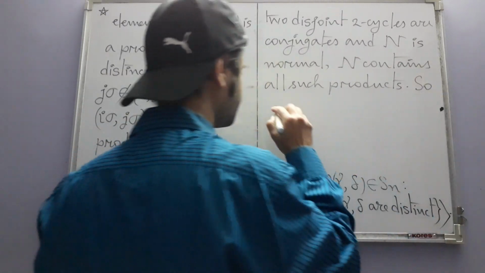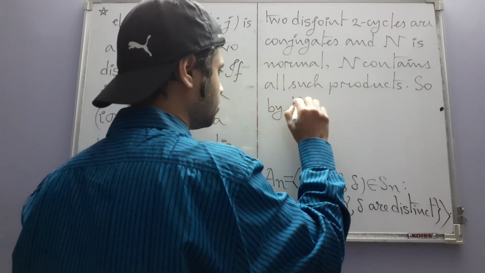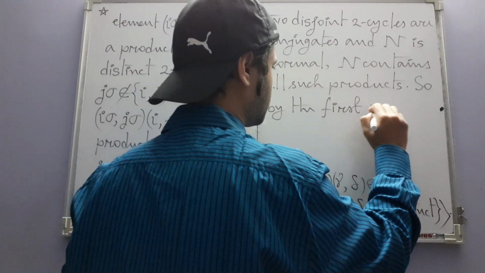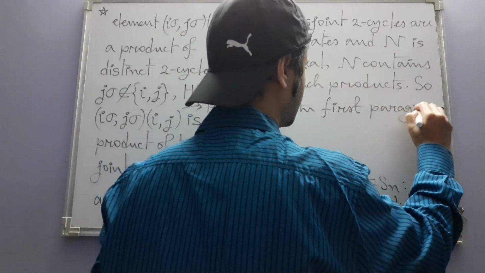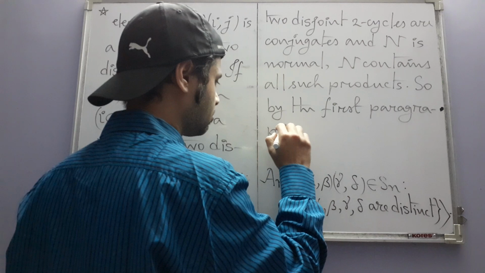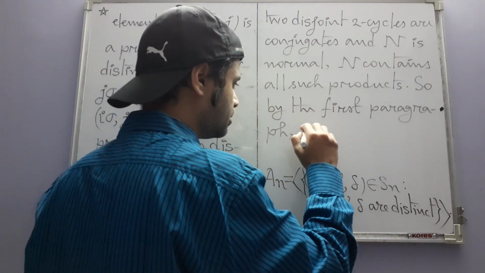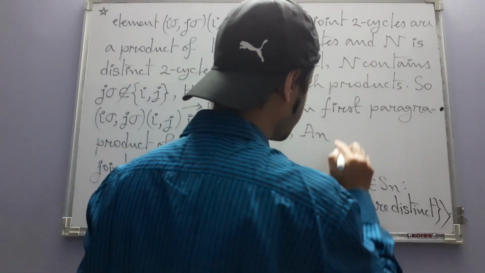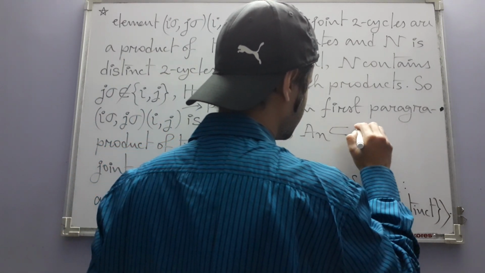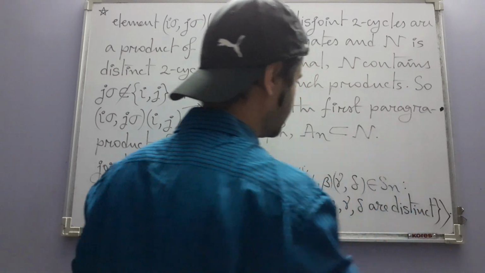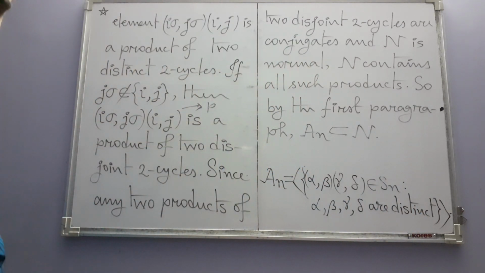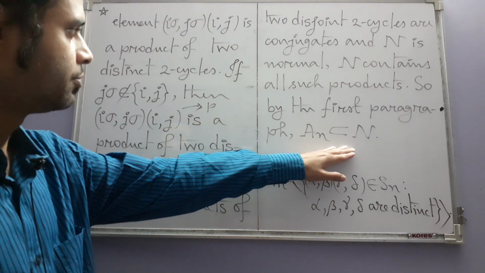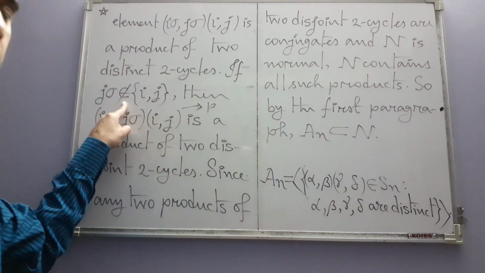So by the first paragraph, A_n, which is the subgroup generated by such elements, now that all the generators belong to N, this becomes a subgroup of N. Okay, but keep in mind all this conclusion comes from this condition.